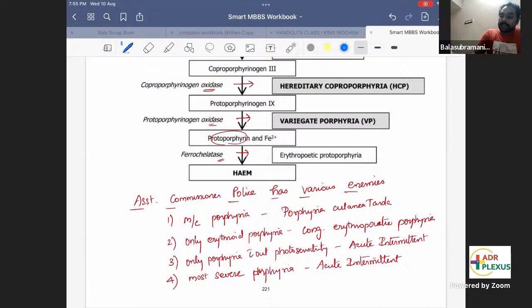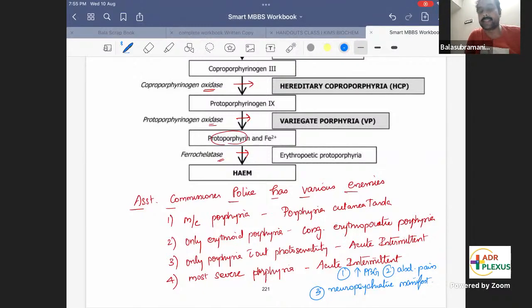Acute intermittent porphyria is increased PBG, correct? Porphobilinogen, point number 1. And this porphobilinogen can cause severe abdominal pain and neuropsychiatric manifestations.